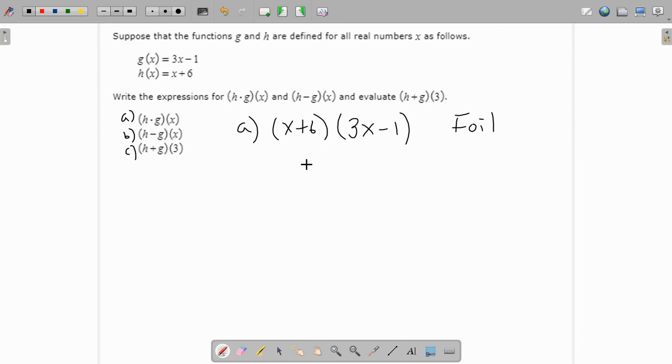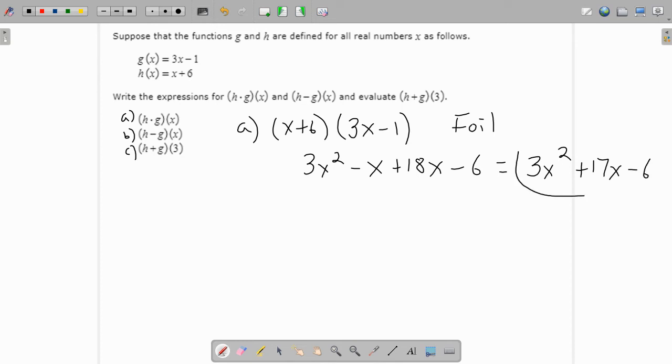So I go x times 3x, 3x squared, x times negative 1, minus x, 6 times 3x, 18x, and 6 times negative 1, minus 6. And then, like always, combine like terms. Negative 1 plus 18 is plus 17x minus 6.